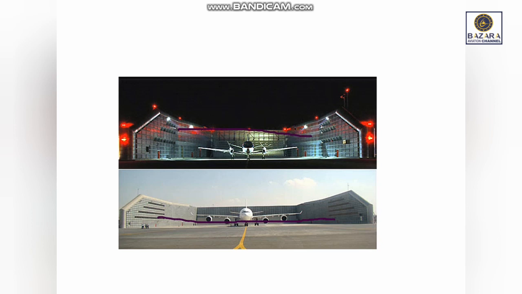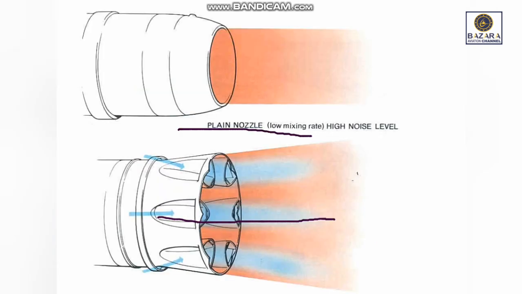This is used to reduce the noise of the engine on the ground. The second way is called hush kit. This was used on older turbojet aircraft to reduce the noise of the turbojet.